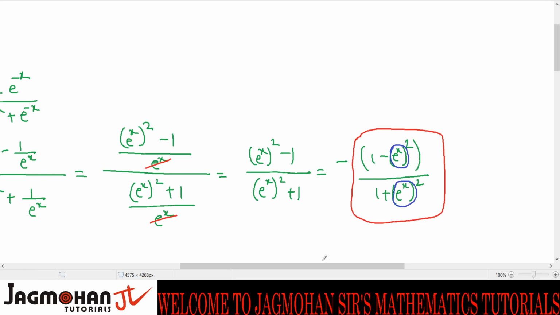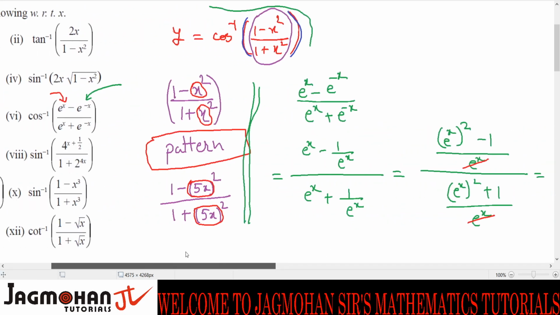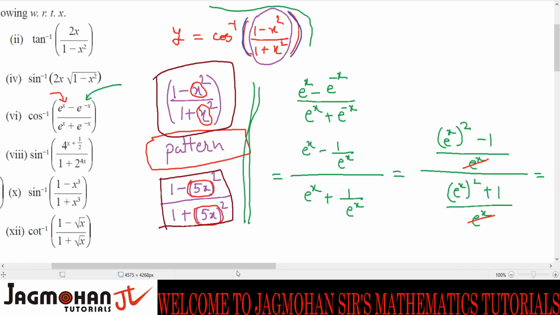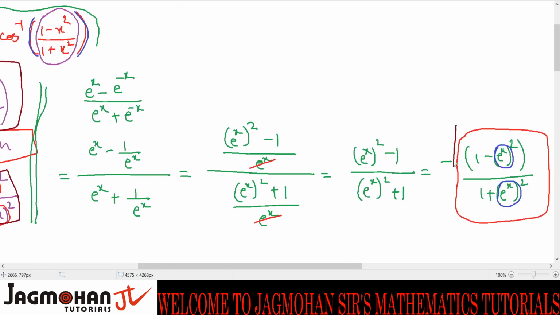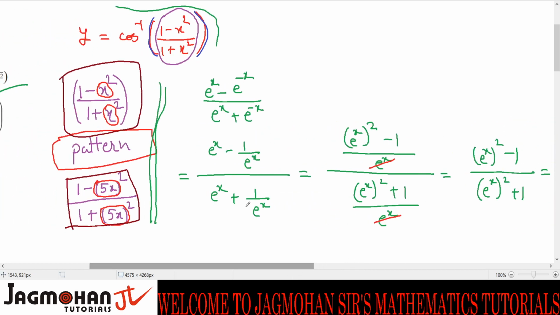So what I want to tell you is that all these expressions, whichever you just saw, are considered as one pattern. And for all these expressions there is just one formula: 1 minus tan theta square upon 1 plus tan theta square.